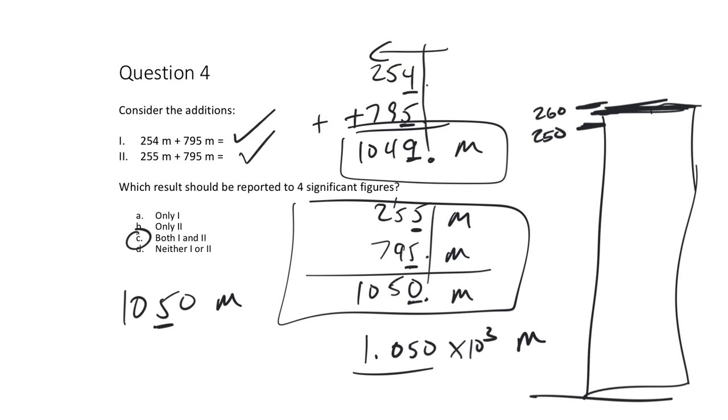We're going to have some disagreement if it should be 254, 255, or 256. And so there's going to be some plus minus here, some uncertainty in the last digit in the number.